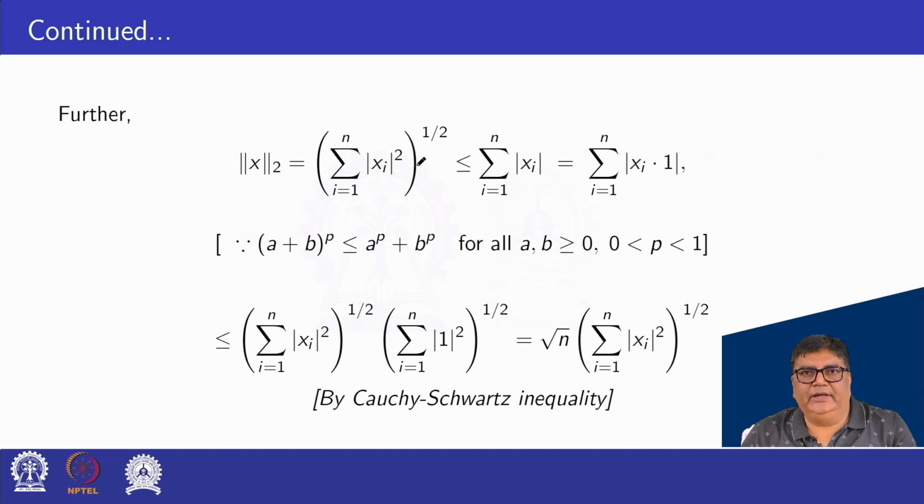So we can write this as less or equal to summation i equal to 1 to n of mod xi, and mod xi can be written as mod xi into 1, the product of two numbers.